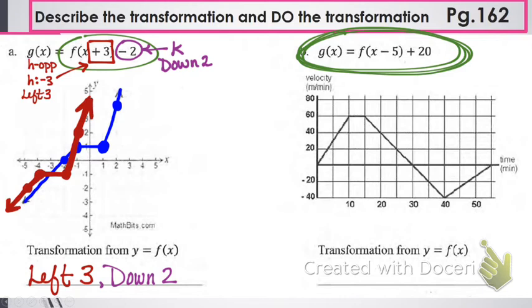Which way? Right 5, yes. This is the opposite of what I would think. And so we're going to go to the right 5 and up 20, yes. Here's k. The graph is a bit different. So let's write this down on the line and then we'll go talk about that graph. I'm glad you noticed that.